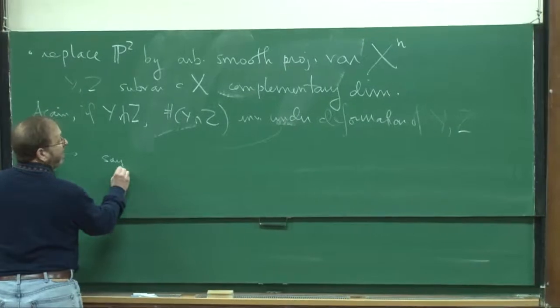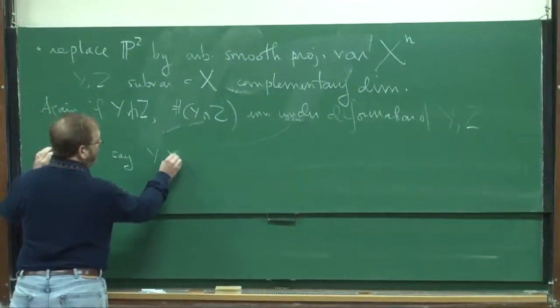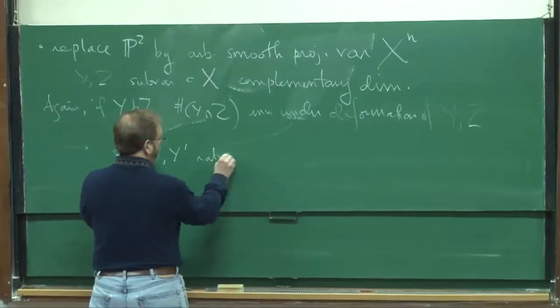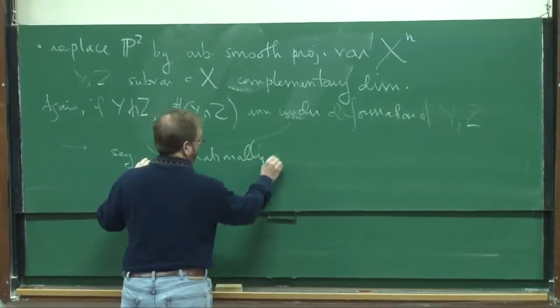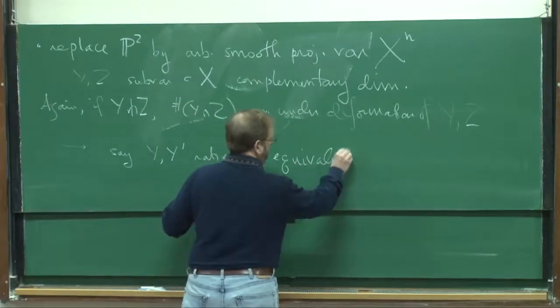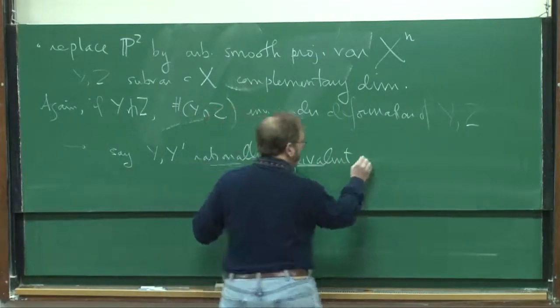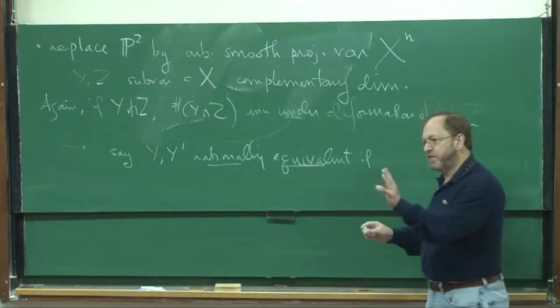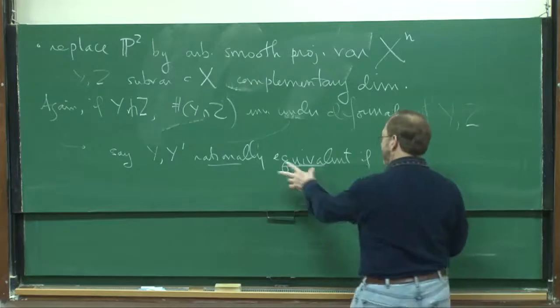We say that two subvarieties, say Y and Y prime, are rationally equivalent. This is the term. I'll just say this, so to speak, colloquially first, and I'll try to give a slightly but not completely more precise definition.